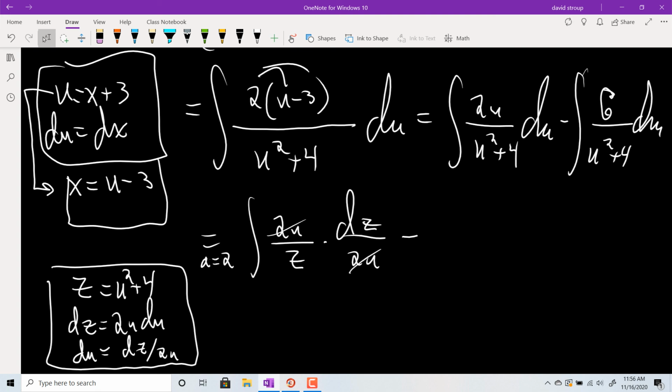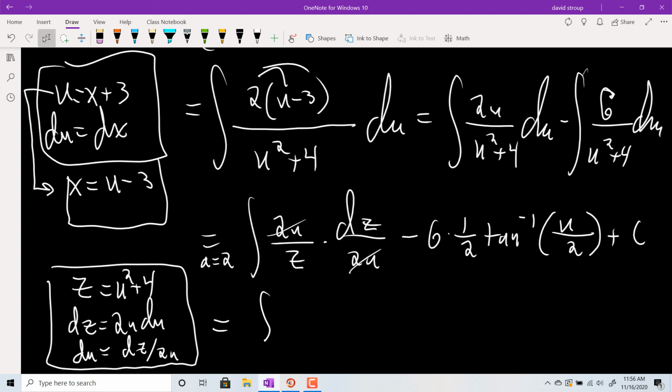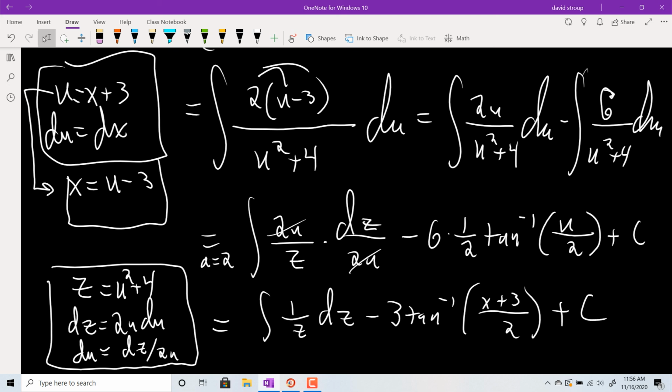It'll be 6 times 1 all over a times arctan of u all over a plus c. And then this will be the integral of 1 over z dz minus 3 tan inverse, and I need the back sub as well, x plus 3 all over 2 plus c.